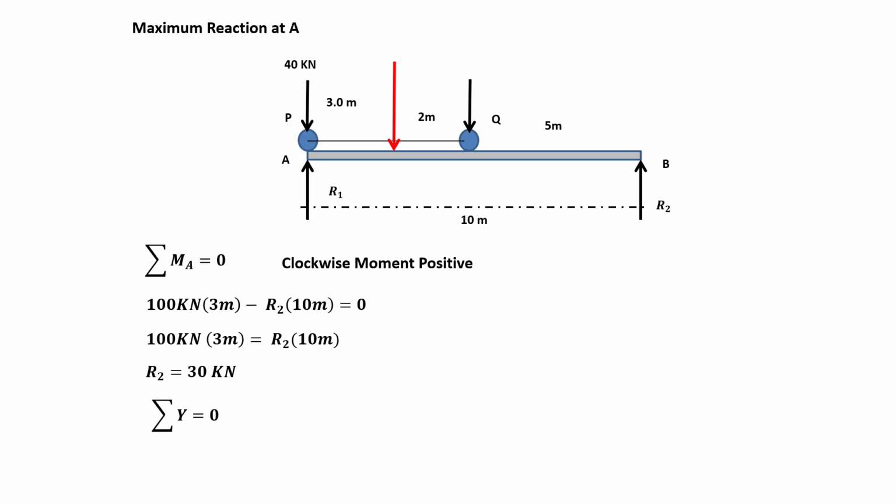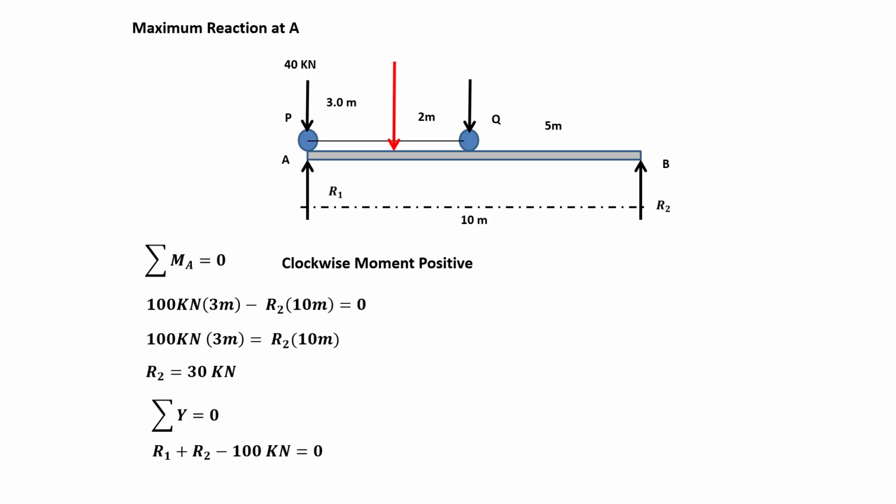Let us now take the summation of all vertical forces, or sum of Fy, equal to 0. Again, R sub 1 and R sub 2 both have an upward direction, so we use a positive sign convention on both, while the 100 kilonewton resultant force is downward, so we use a negative sign convention.